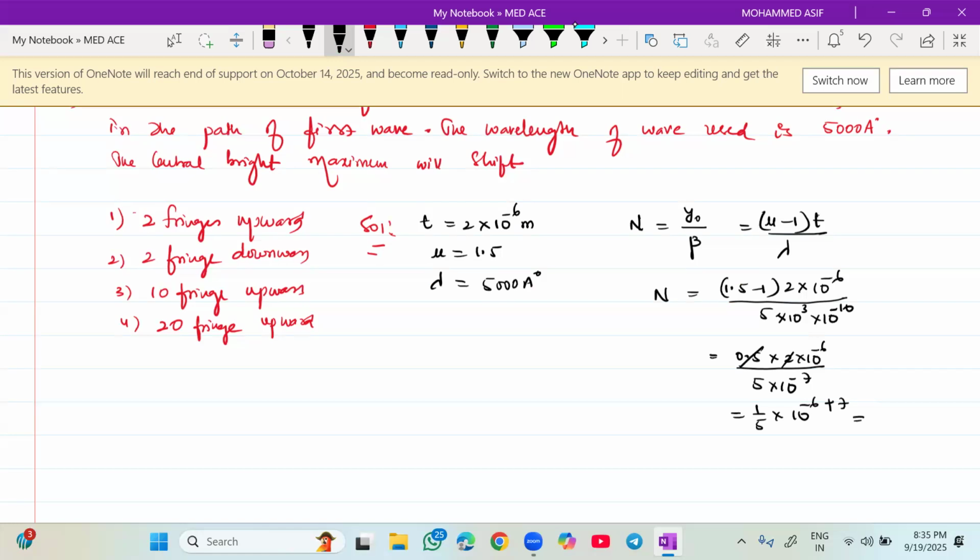This is 10 power minus 6, this minus will go out, this will be plus 7. Am I correct with the calculations? 1.5 minus 1. Sir, answer 2. 2 into 10 power minus 6 divided by this is 5 into 10 power minus 7.